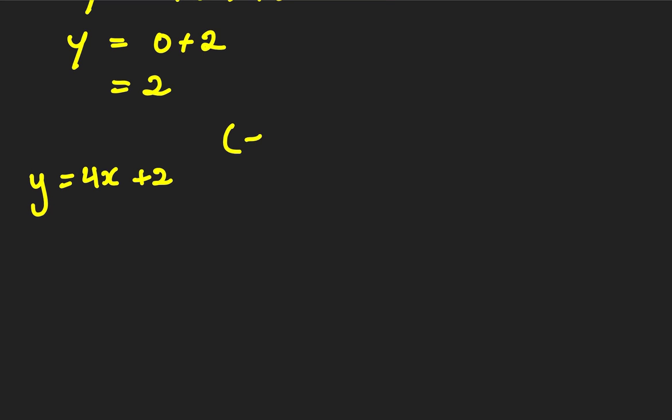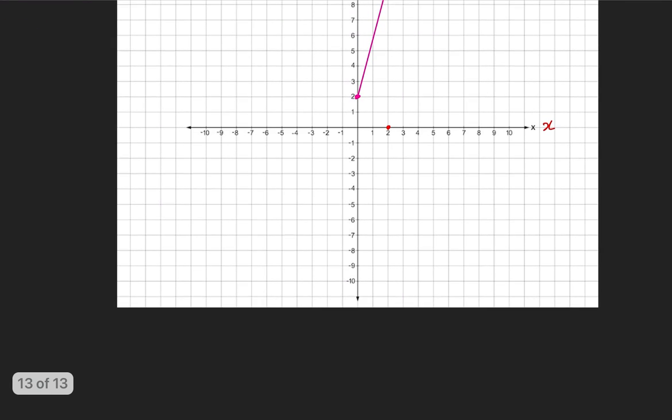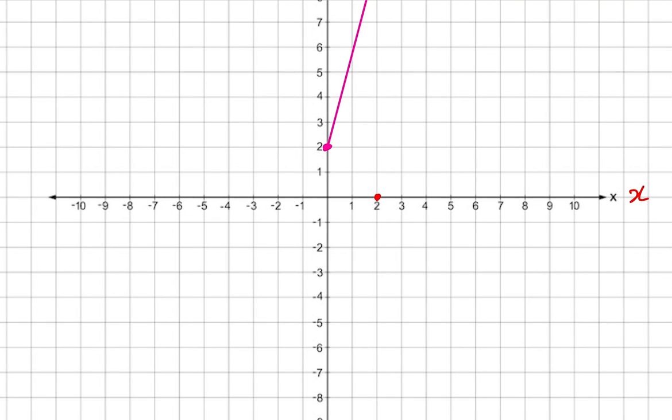When x is negative 1, 4 multiplied by negative 1 plus 2 should give us the value of y. So y is equal to negative 4 plus 2, which is negative 2. And negative 1, negative 2 is our answer.